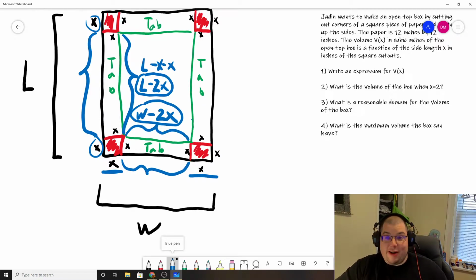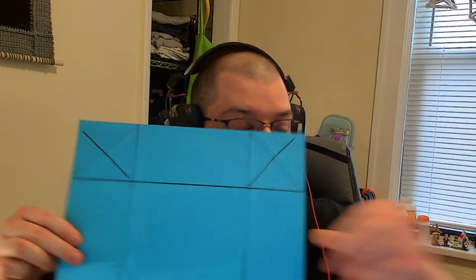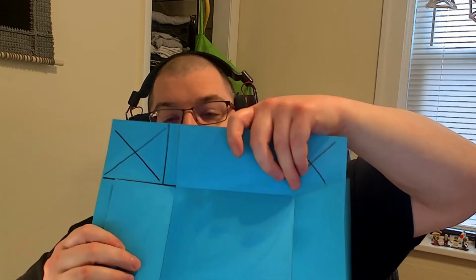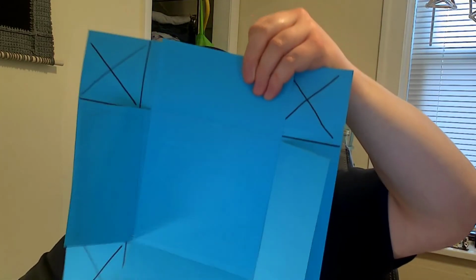Now we've got to figure out the height of the box. And to show that, I'm going to go back to my camera. And remember that we started out with this flat sheet of paper and then cut these squares out of it. And when those squares were cut out, we had that plus sign shape.